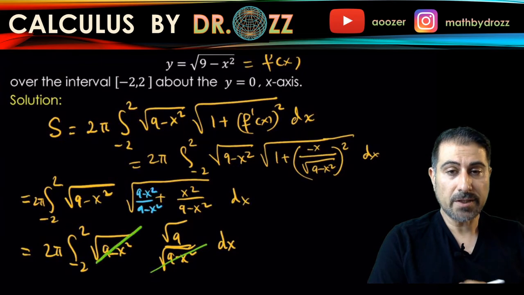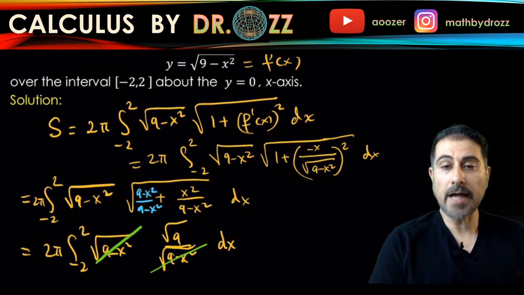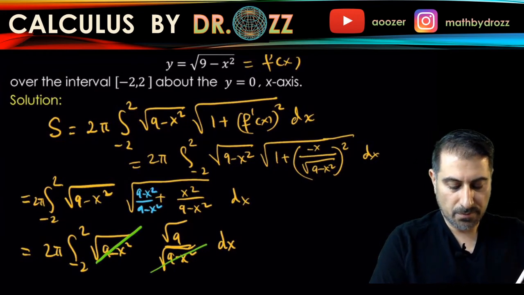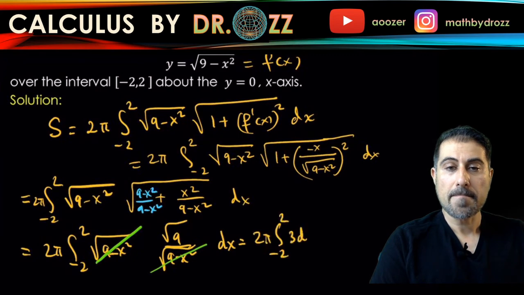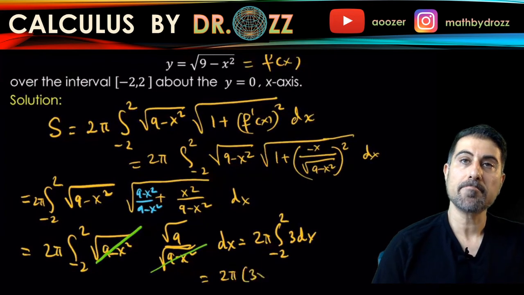So what I'm left with inside the integrand is just radical 9, which is 3. That's awesome because we can finalize this as 2 pi integral from -2 to 2 of 3 dx, right? And you have the antiderivative 3x, from -2 to 2. Okay.